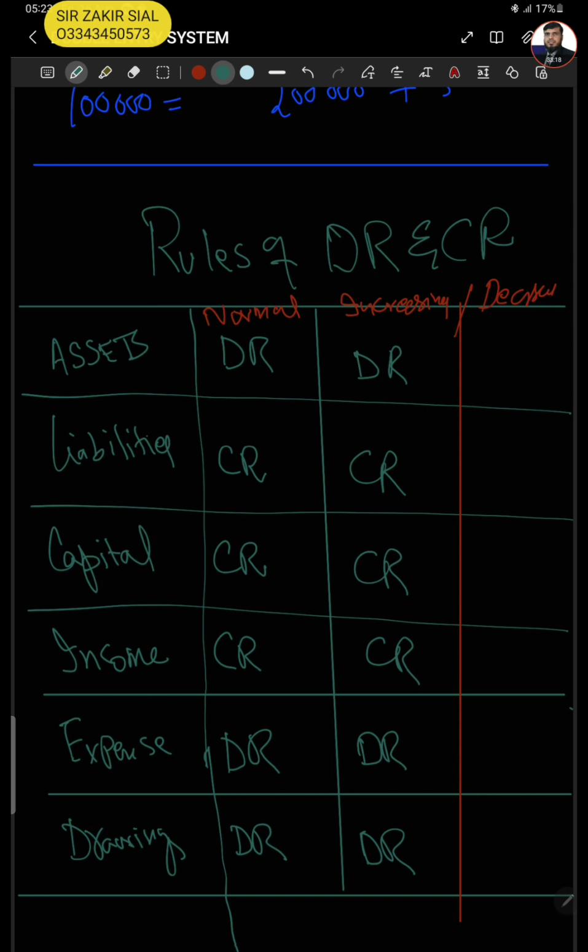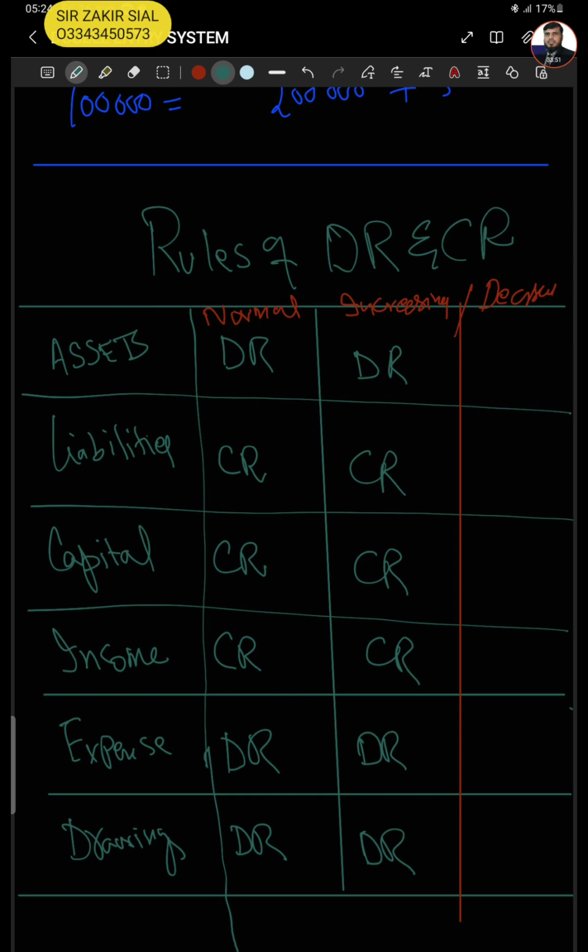Assets, liability, capital, income, expense, drawings are normally on the debit, credit, credit, credit, debit, debit. If assets are increasing, we write on the debit side, the same side. Liabilities increasing, we write on the same side. Capital increasing, we write on the same side, the credit side. Income increasing, the same side. Expense increasing, the same side, the debit side.